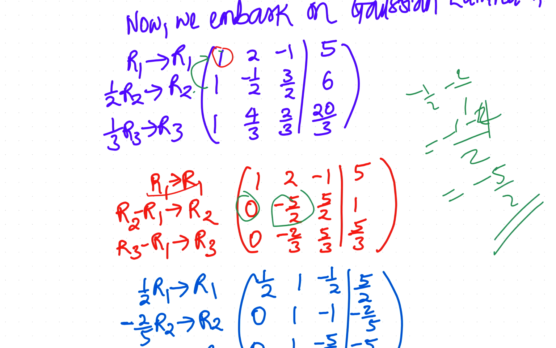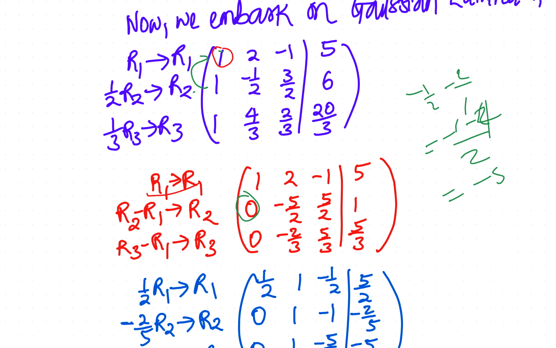Then the next one is 3 over 2 minus 1. That's 3 over 2 plus 1 over 1. LCM is 2 again. 2 into 1 times 3, 3 plus 1 into 2, 2 times 1, 2. That's 5 over 2. And that is why this is 5 over 2. Then 6 minus 5, easy peasy, 1. So we have taken care of it, we have a new row 2.